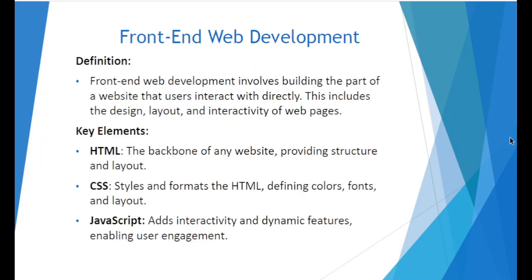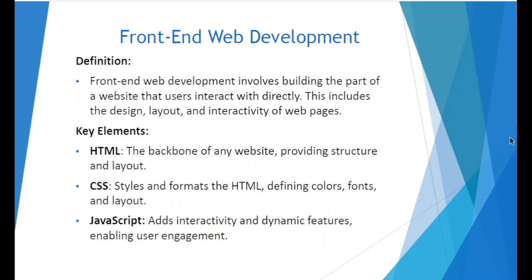So, what is front-end web development? Basically, front-end web development has to do with developing the parts of a website that users can interact with. The way I like to explain things is to bring it down to as basic a level as possible.